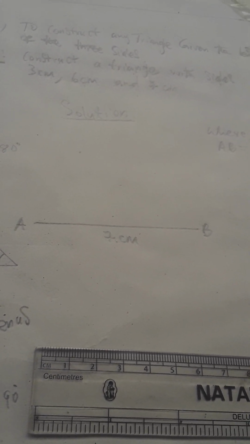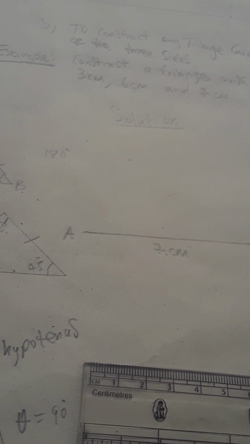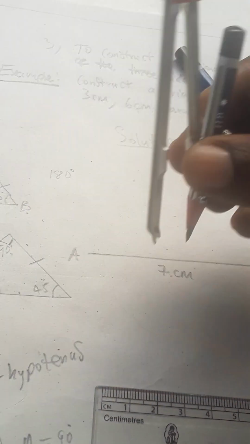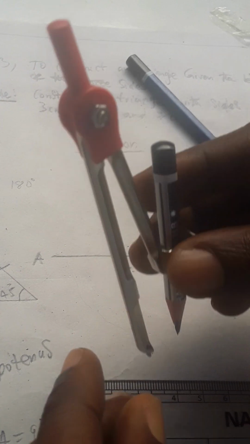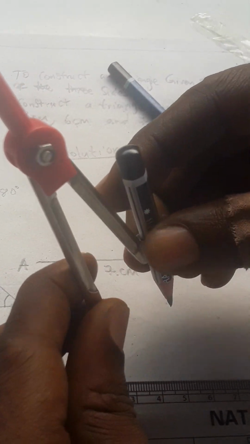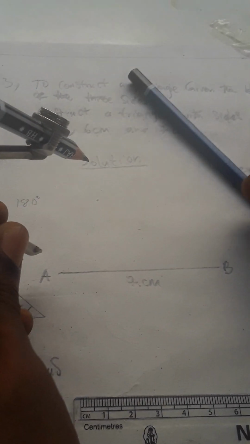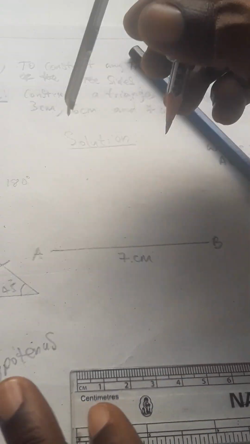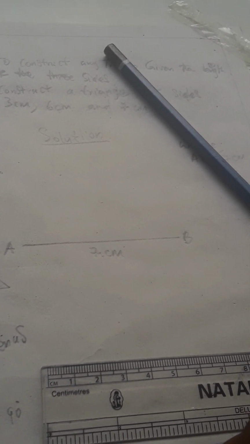Now, the next thing we're going to do is to look at the other sides. That's where your compass has to come into play. Now, using your compass, you have to center A, and the radius of this side. Let's assume we want to take a side AC.